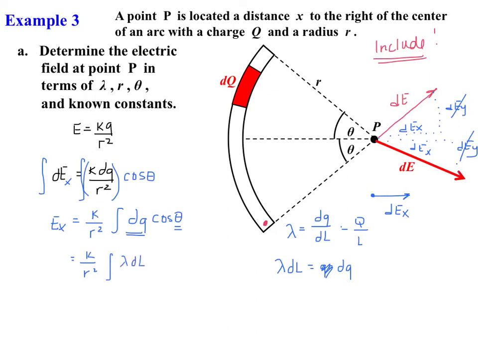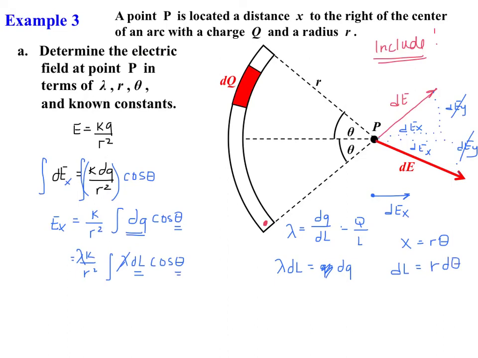Again, lambda here is a constant, so I can actually pull that out of my integral. And I still need to find a way to relate dl and theta. Well, dl is simply the length of this arc, and we said in rotation that x is equal to r theta. In this case, dl is equal to r d theta.